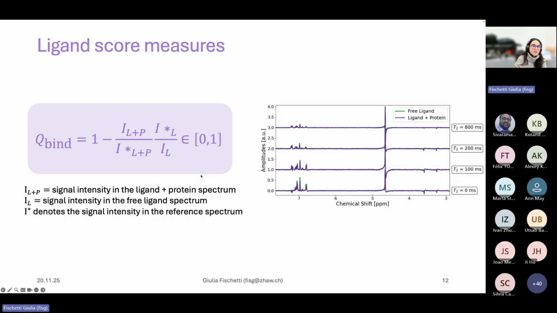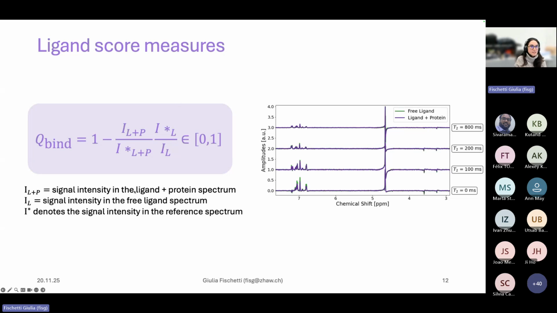But if we consider, for example, relaxation analysis or experiment, we can also compute this ligand score Q-bind, where we compute this ratio, where we first normalize the intensity both for the ligand plus protein and the ligand only over some reference spectrum, which is usually the spectrum with the lowest relaxation time.